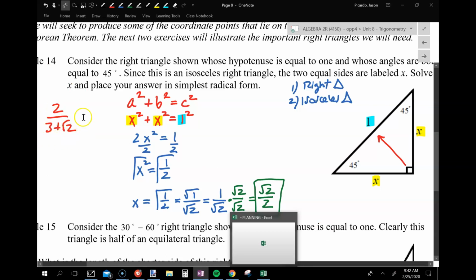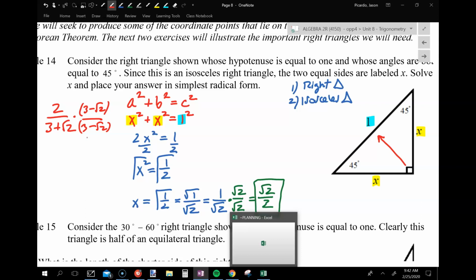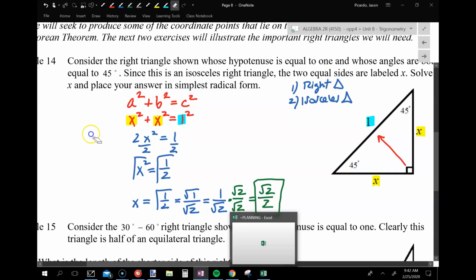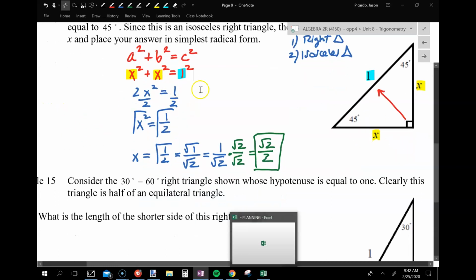So in order to rationalize this, we have to multiply by the what? What's that called? By the conjugate. All I did was change the sign in the middle.